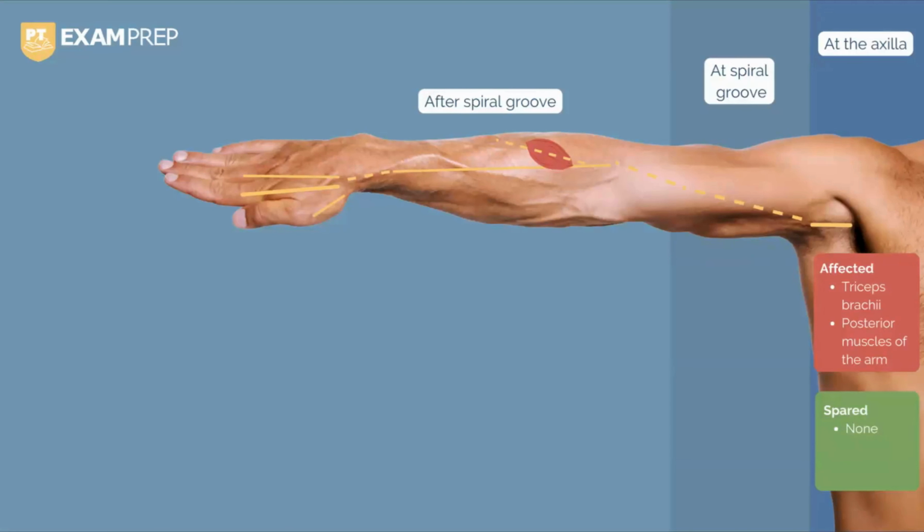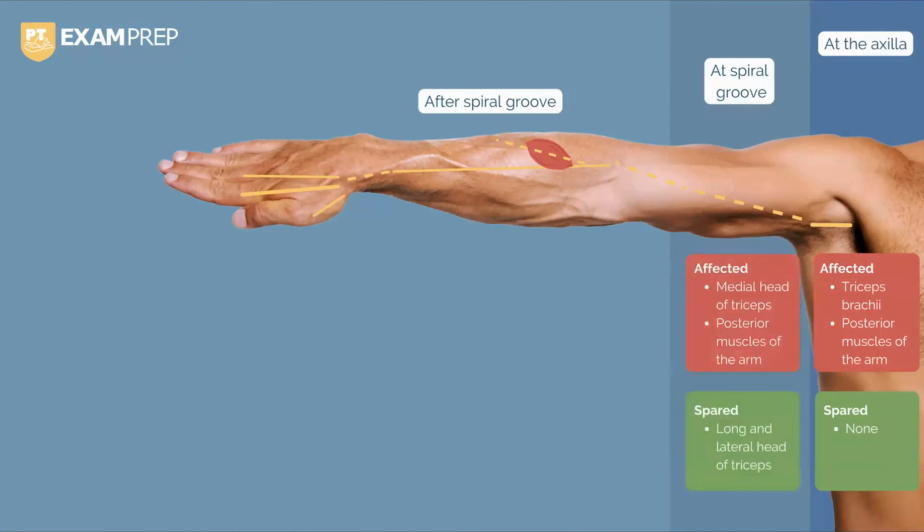Okay. Now let's flop over to that spiral groove. At the level of the spiral groove, this is really important. So with a laceration at the spiral groove, the triceps may be weakened, but they're not paralyzed, because the branches to the long and lateral head of the triceps are proximal to that radial groove, right?